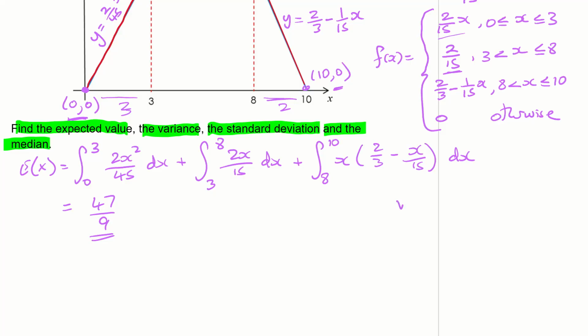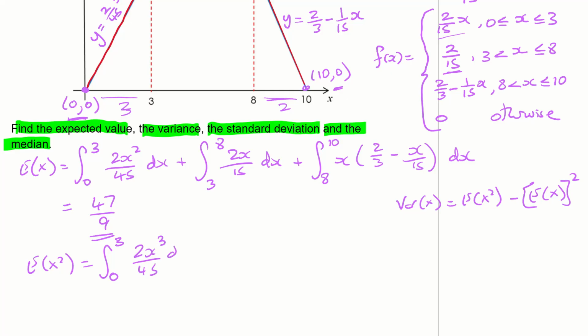Now remember, to get Var(X), we want the expectation of X squared take away the expectation of X, squared. So we're going to need the expectation of X squared. That will be the integral from 0 to 3. Remember, this time we do x squared times f(x). So that's going to be 2x cubed on 45.